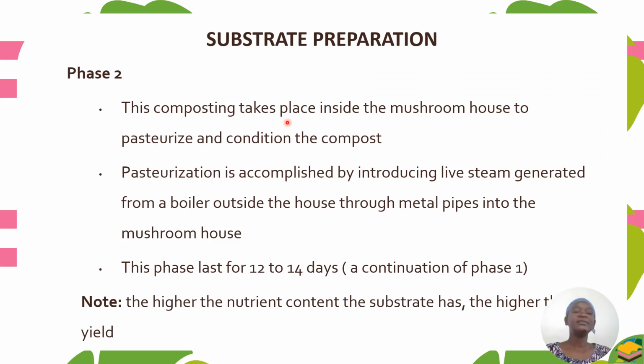After we are done with outdoor composting, that is phase 1, the substrates will go through phase 2. Under phase 2, this composting takes place inside the mushroom house to pasteurize and condition the compost.